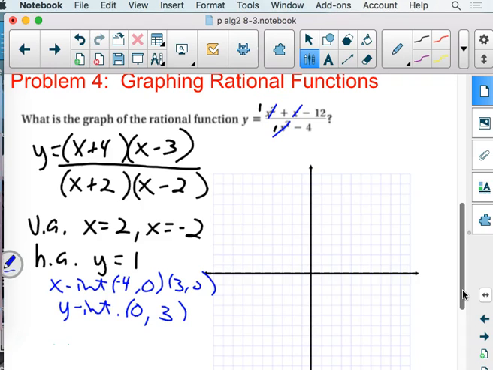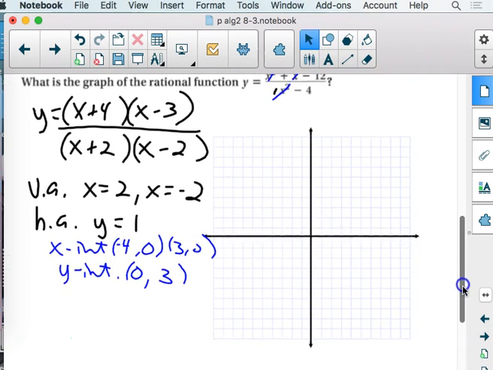Now, we're going to want 2 colors. Everybody's sitting at a desk, which means everybody has access to a colored pencil, even if you don't have your own. I'm sure some of you have colored pens and pencils and that stuff. But here's what we want to do. Let's make the stuff that's not going to be on the graph, the horizontal asymptotes, the vertical asymptotes, one color. And then we'll make what we're supposed to graph something different. So if you want to use pencil for one of those, you sure could.